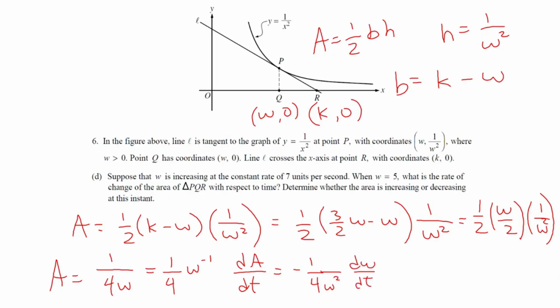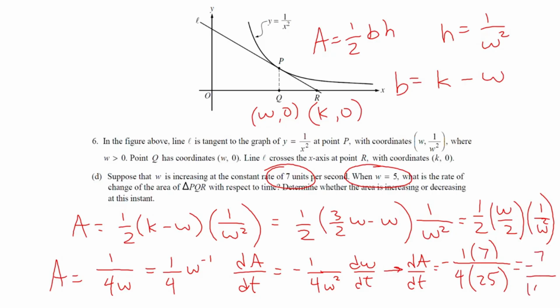And so now if we're going to evaluate this when w is 5 and dw/dt is 7, we're going to get our dA/dt that we care about is -1 over 4 times our w squared, so that's going to be 25, and then we had dw/dt, which was 7. And so we end up with -7 over 100.